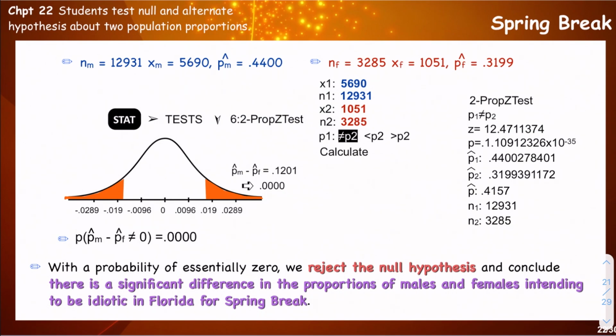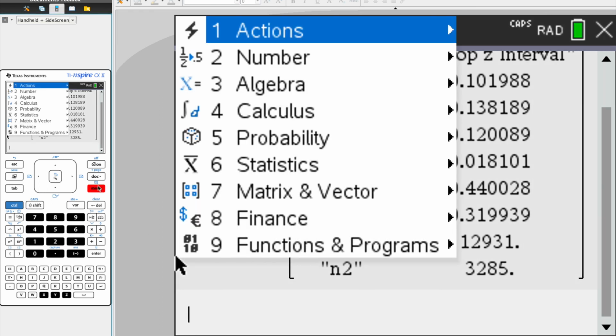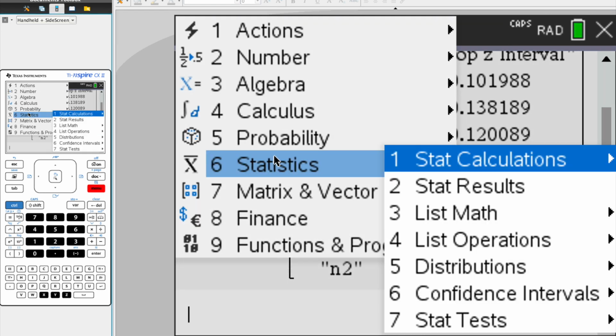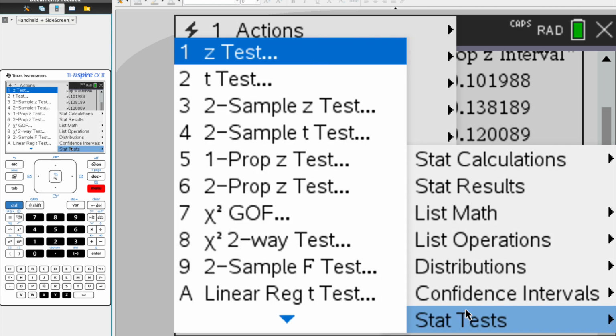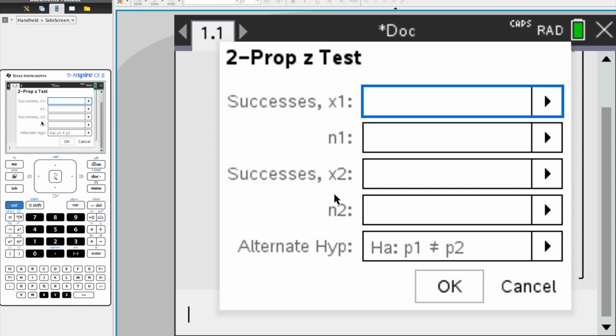But let's just go to our calculator, because we can, just to showcase if this is any different. So on our calculator, we are going to run a 2-prop Z test. So we're going to go down to stat tests, and we're going to go to 2-prop Z test.